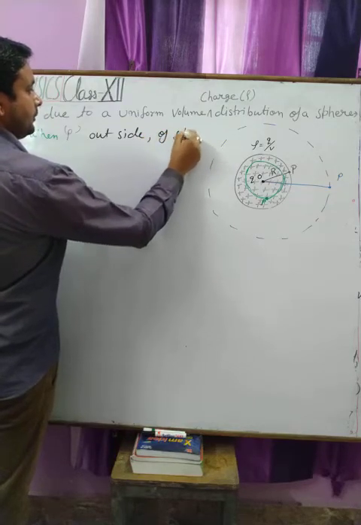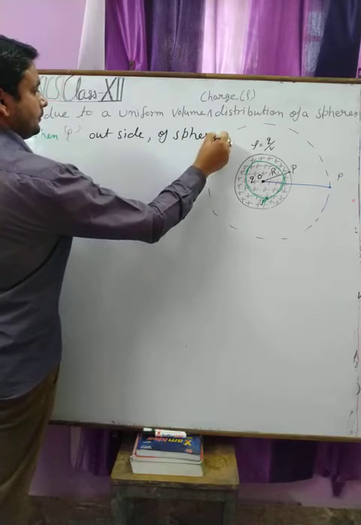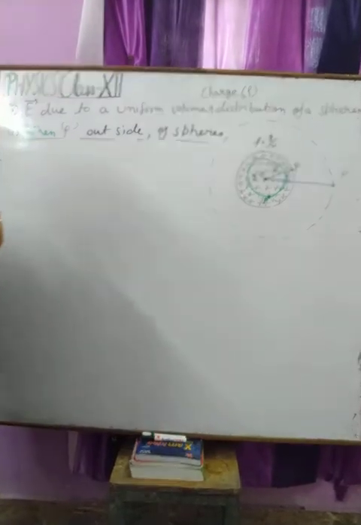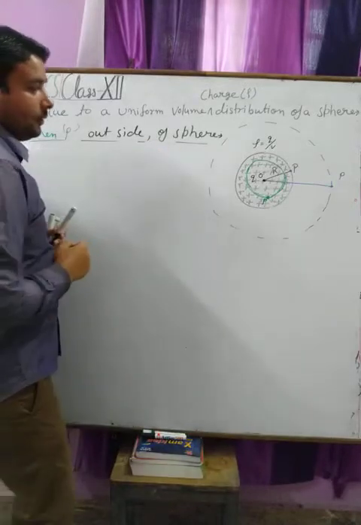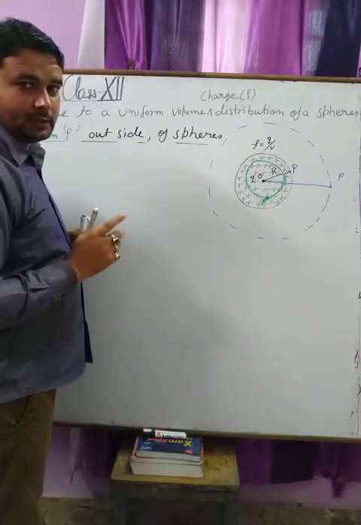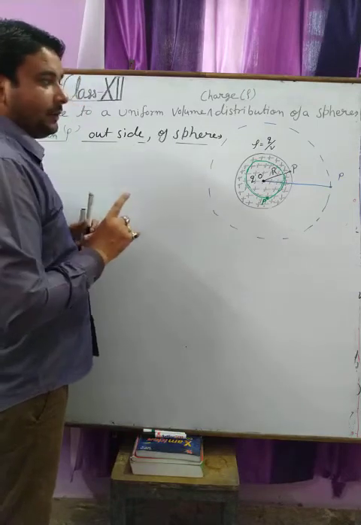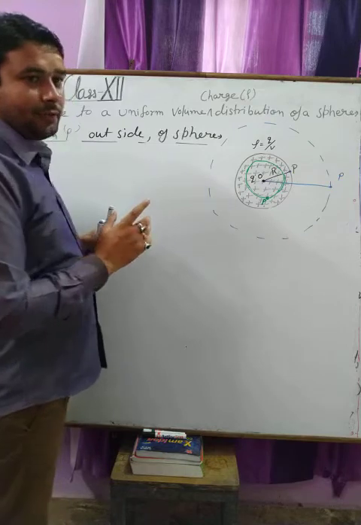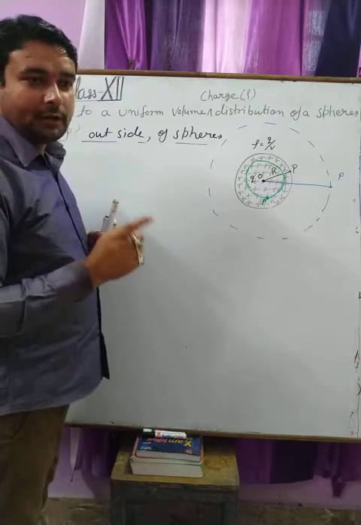Again the electric field due to this volume charged sphere is like a point charge and the electric field lines are radially outward, and for the sphere surface the area vector is also radially outward.